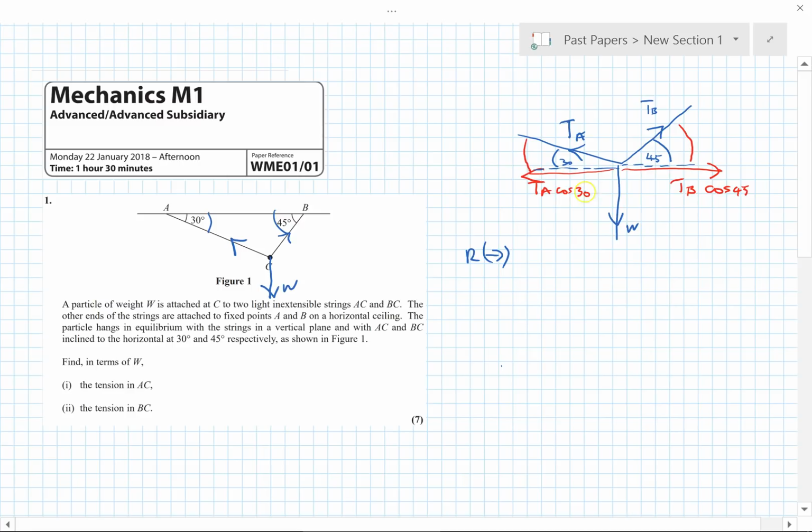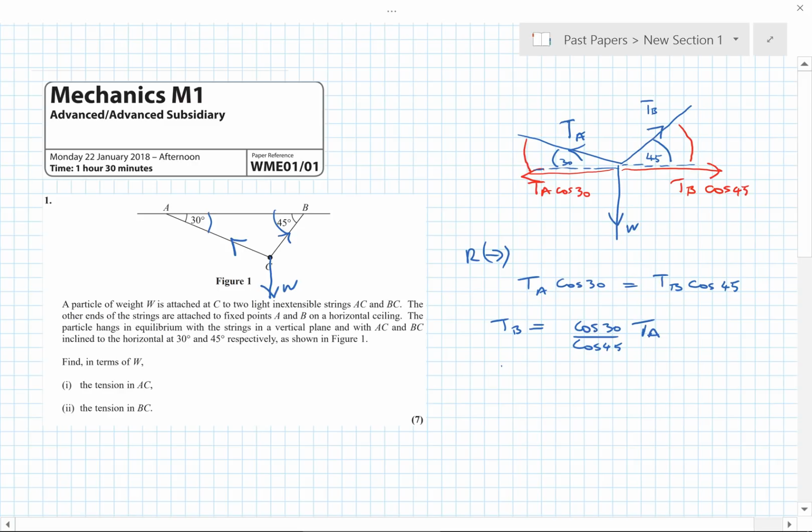So these are the only two horizontal forces or components of forces present, so these two must be equal to each other. So writing TB as the subject of this, because we're going to do a substitution in a moment, TB is equal to cos 30 over cos 45 TA.